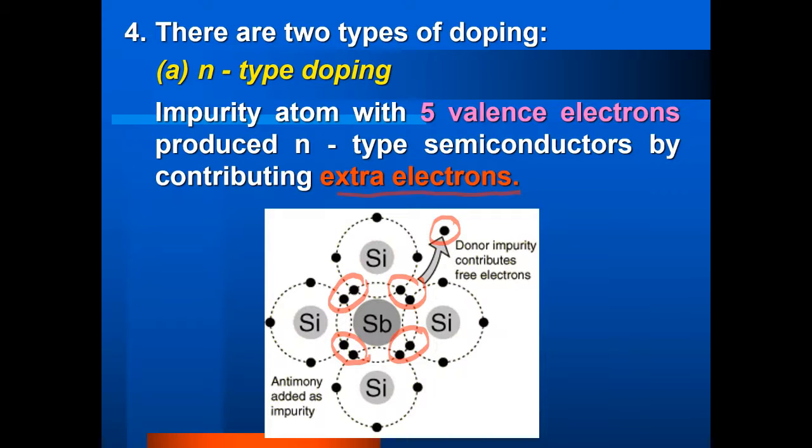This extra electron can easily move from one point to another to carry the energy. That's why the conductivity is increasing. Conductivity is better than the pure semiconductor.